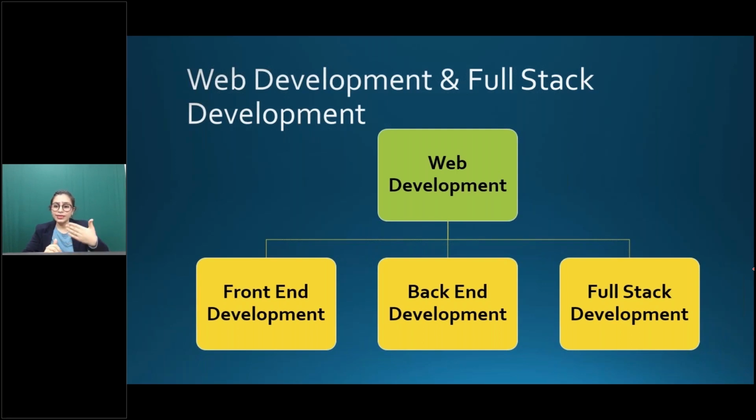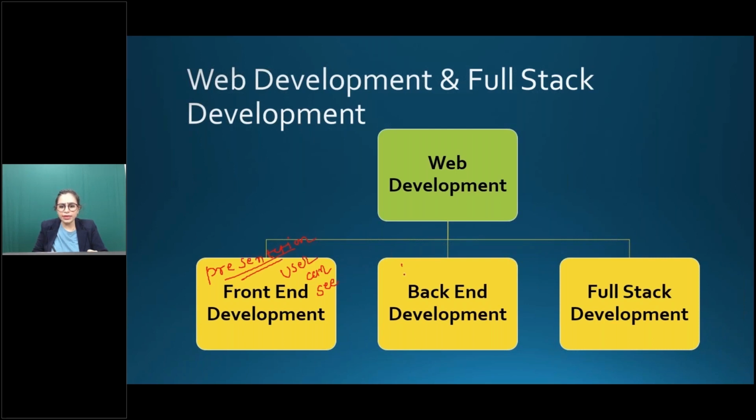So that is basically the user interaction. Simply I can say that front end development is called the presentation, which the user can see, right? The user can see this.